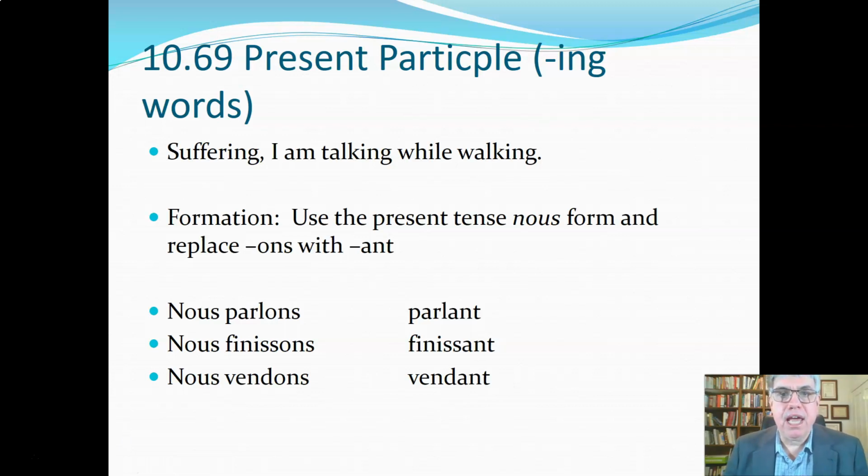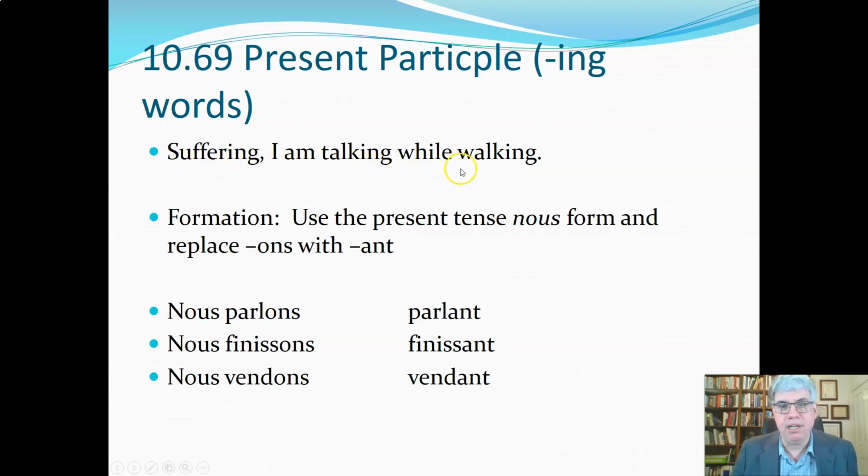Now let's look at present participles. Those are words ending in ing in English. We've looked at past participles, words ending in ed. Now we're going to look at present participles, words ending in ing. And so here's an English sentence where we've got a number of ways that we use present participles.